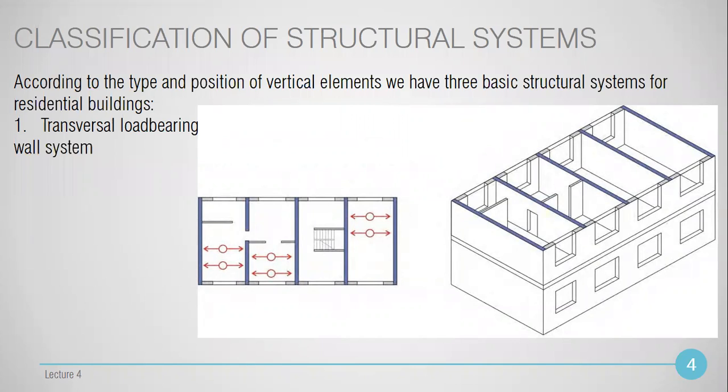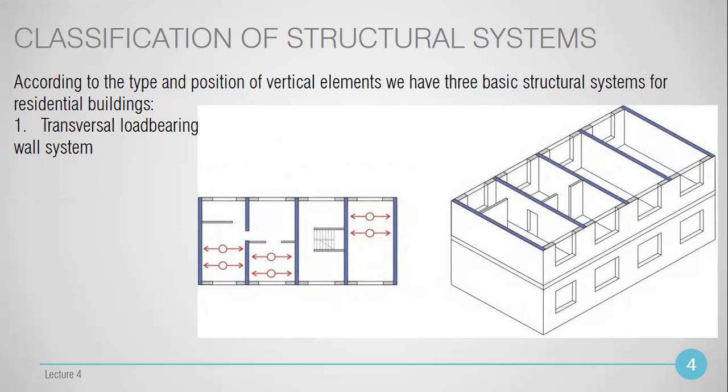Actually, for residential buildings, and not only for residential, but also for administrative buildings, offices, public buildings. That maybe doesn't matter so much, but if we start talking about residential, we call it for residential.